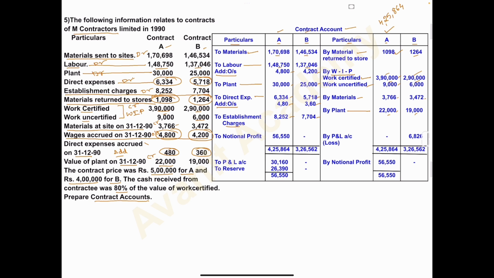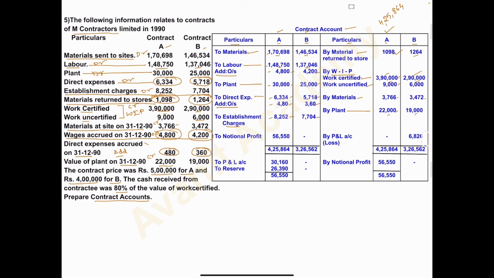At debit side of the contract account: 1,70,698 plus 1,48,750 plus 4,800 plus 30,000 plus 6,334 plus 480 plus 8,252.